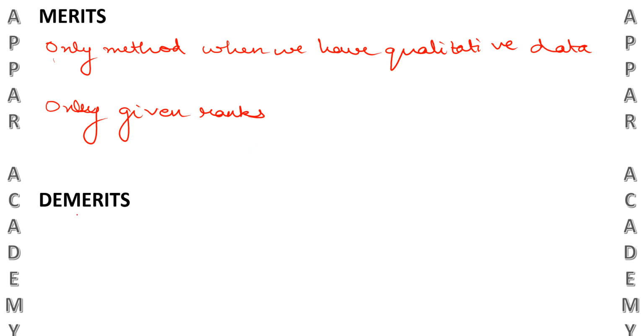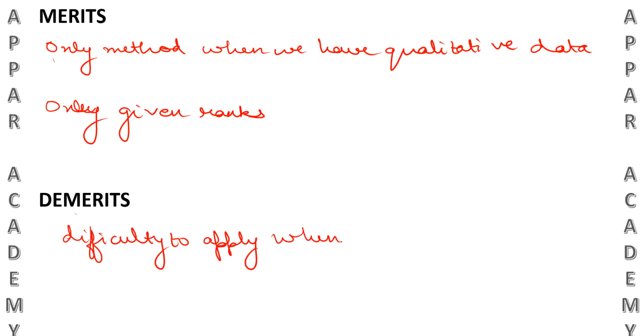Okay. Now let's talk about demerits. It's quite difficult when we have a larger number of observations, right? So it is difficult to apply when we have a large number of observations, right?